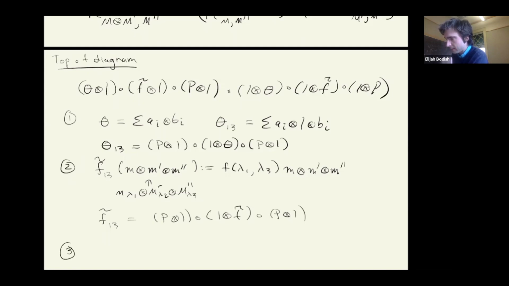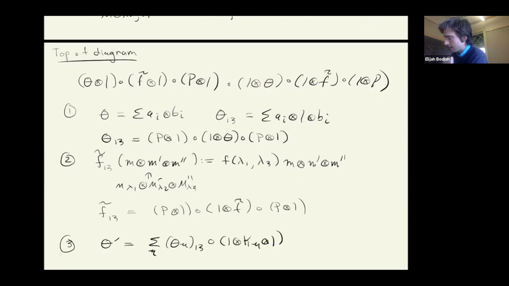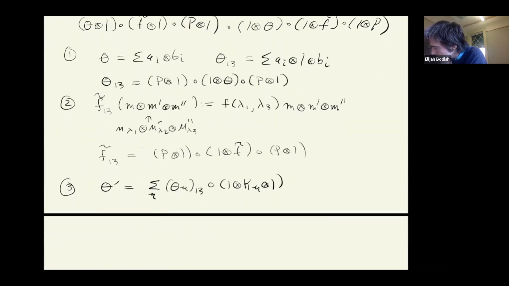And then the third thing is, if I write theta prime as the sum over mu of theta_{mu,1,3} composed with 1 tensor K_mu tensor 1, then you can check that theta prime of F tilde tensor 1 is F tilde tensor 1 of theta_{1,3}.